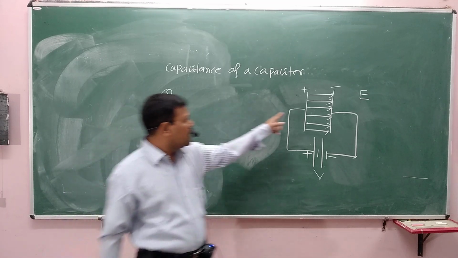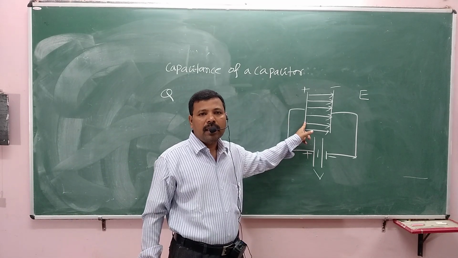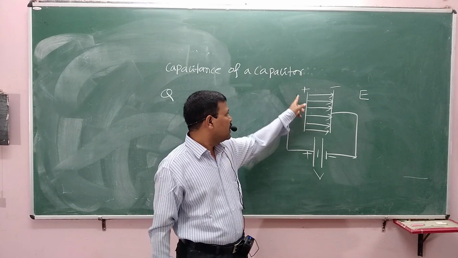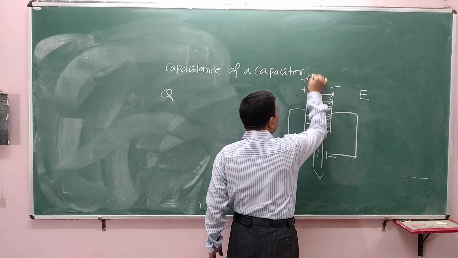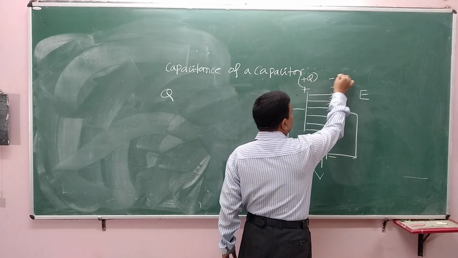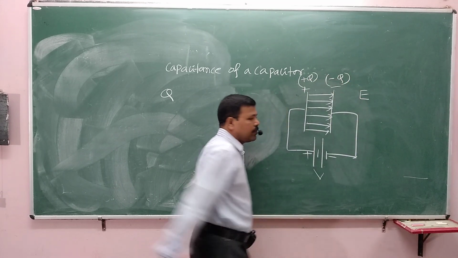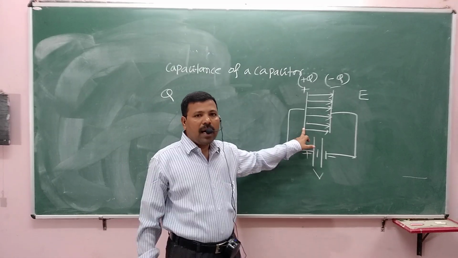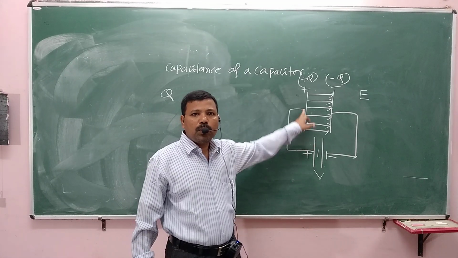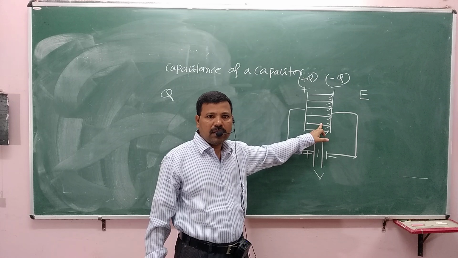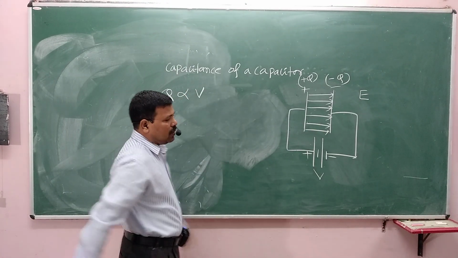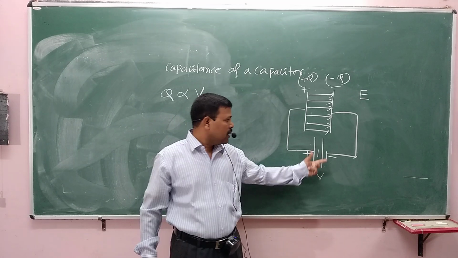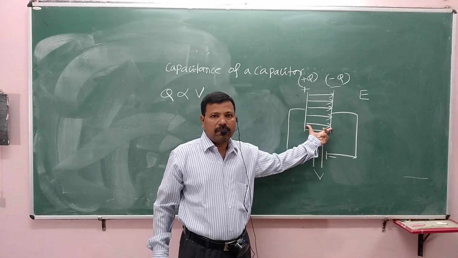Q is the charge acquired by each plate of the capacitor. This is plus Q. This is minus Q. The charge that is getting stored on each plate of the capacitor is directly proportional to the potential difference that we apply across the capacitor.